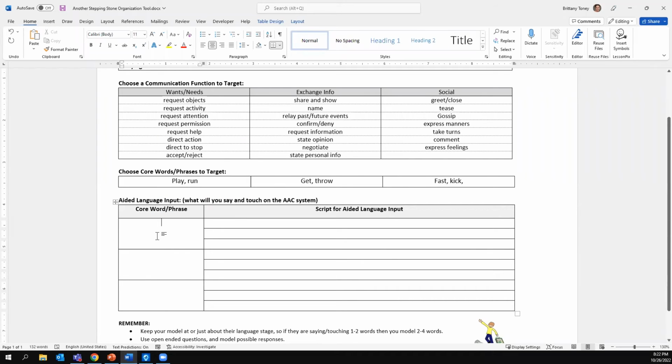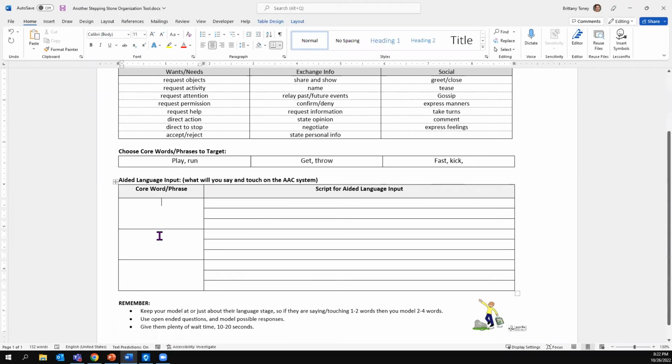So for aided language input, we can also make comments and help if our AAC user doesn't respond, maybe we show them what comments to make, and we'll kind of show you this here in a minute. So let's do the word play as a core word, and maybe kick, and maybe we do run.